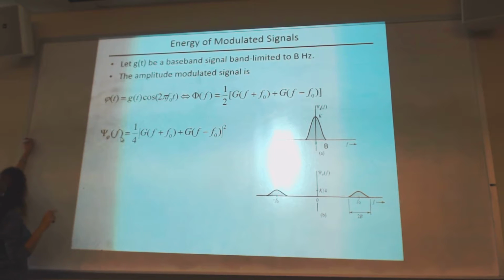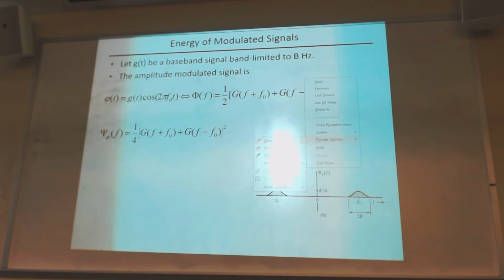As I recall, the energy spectral density psi_g(f) was nothing but just the magnitude of G(f) squared. So I have to find the magnitude of this signal's transform, and then its square. Okay, good.